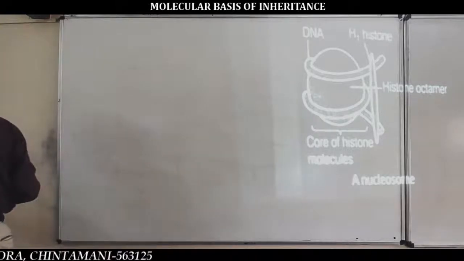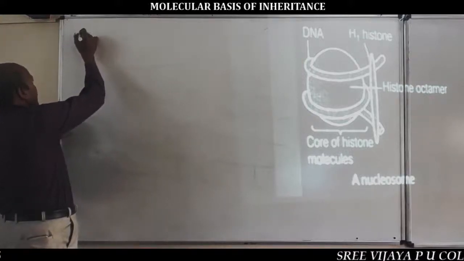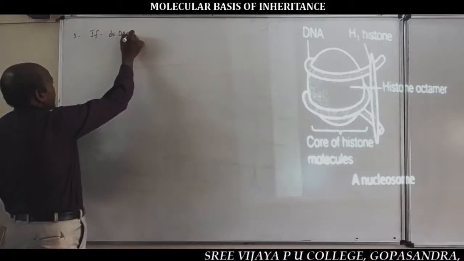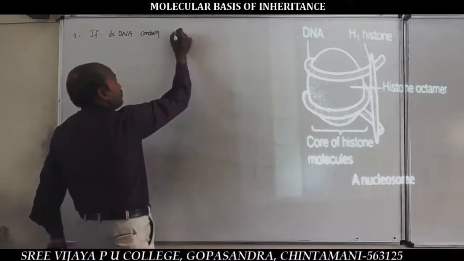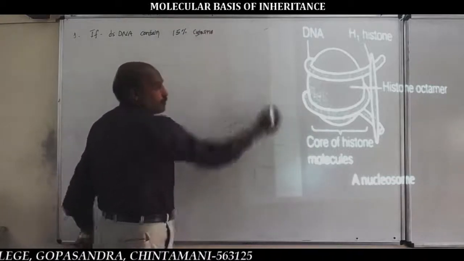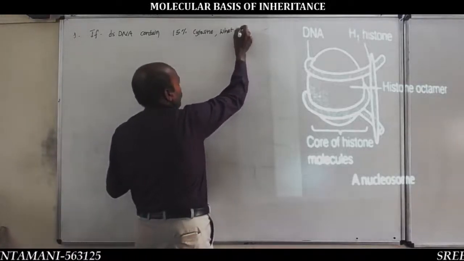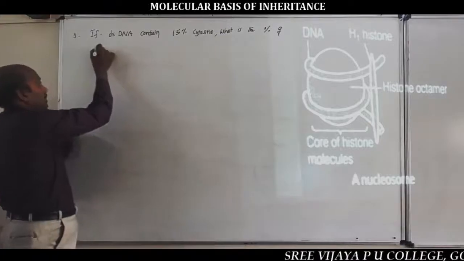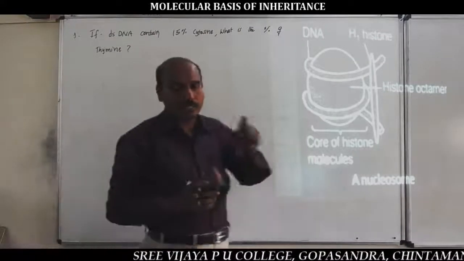Here, one simple problem is: if the double-stranded DNA contains 15% of cytosine, what is the percentage of thymine? Important question, and also a CET question.